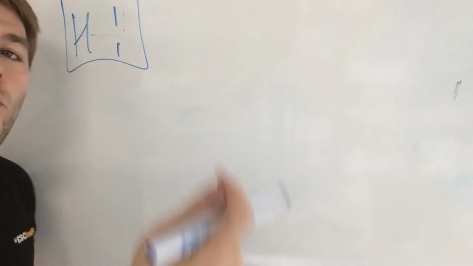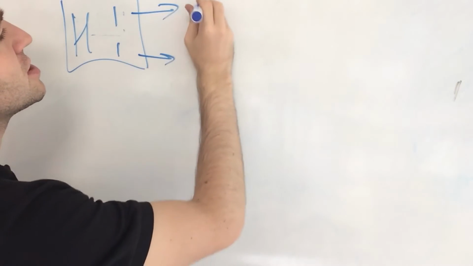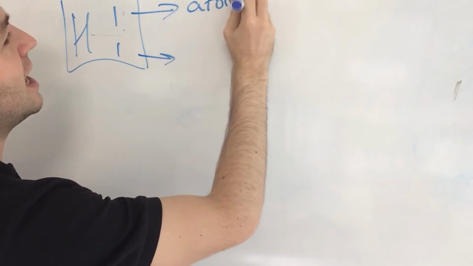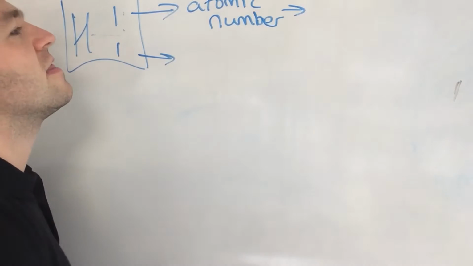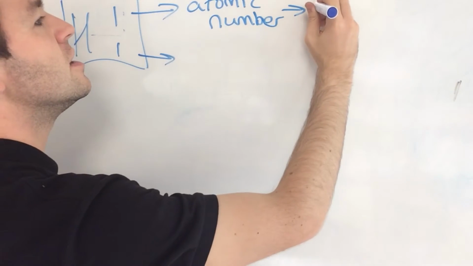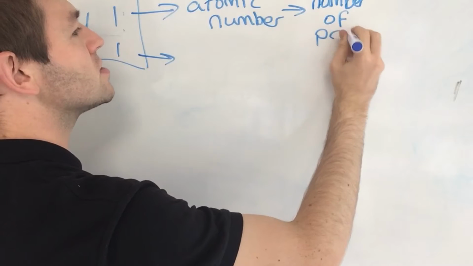What this means here is that here's hydrogen, and I've got 2 numbers. They both say 1. 1 of those numbers is the atomic number, and that is the number of protons.